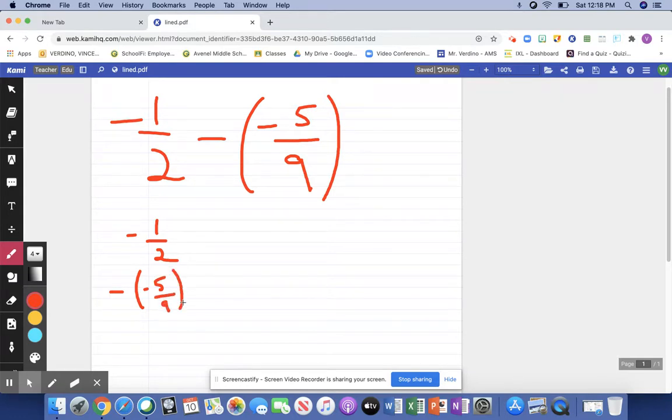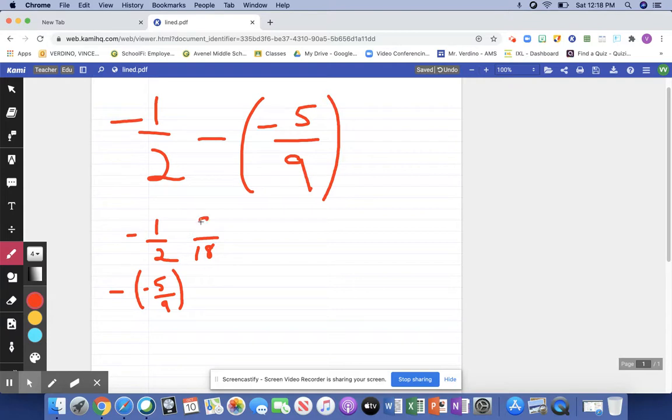All right, so if you were to convert these both to having the same denominator, you can convert them to both have a denominator of 18. How do I turn a 2 into an 18? Multiply top and bottom by 9.